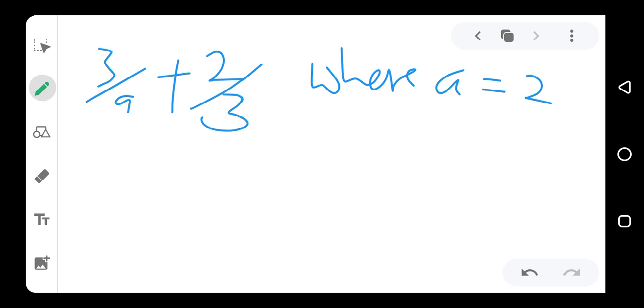Now what we are going to do is that we simplify this. At the end, when we get the final fraction, we put the value of a and simplify further.